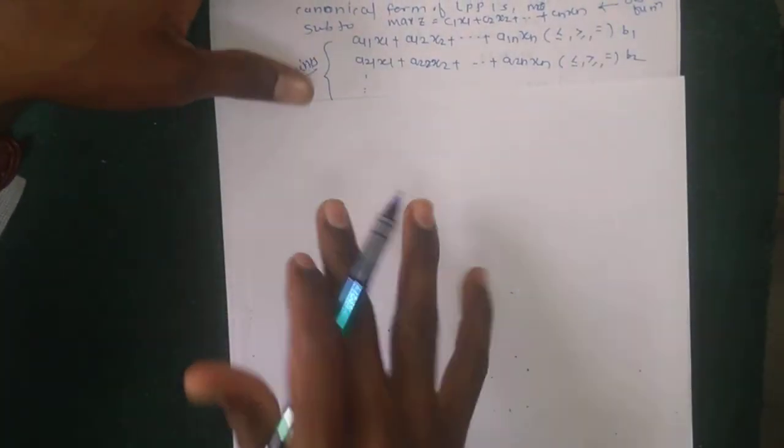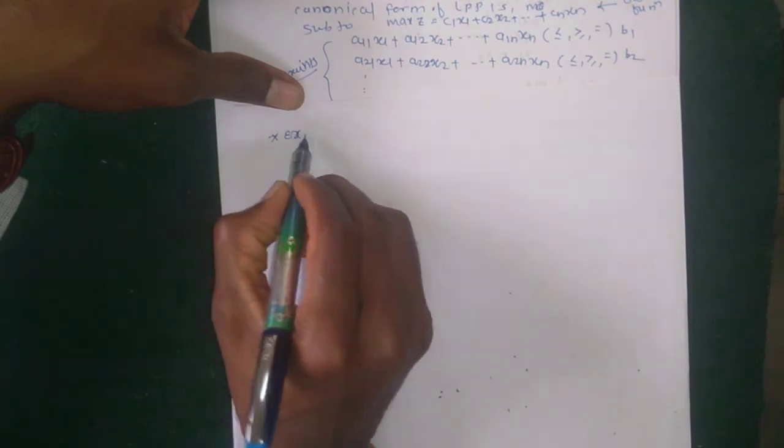Okay, infeasibility example. Next example, suppose that the given LPP has an infeasible solution.